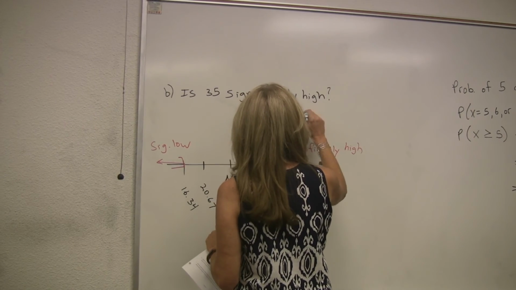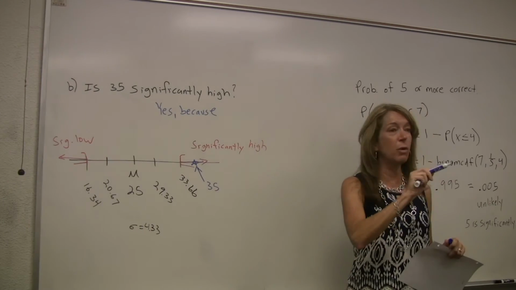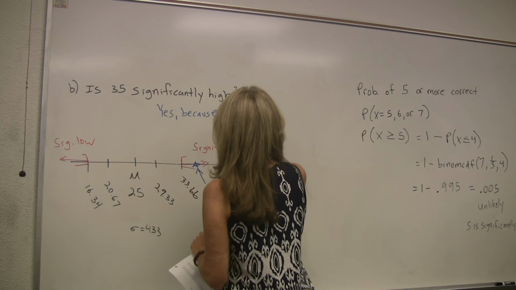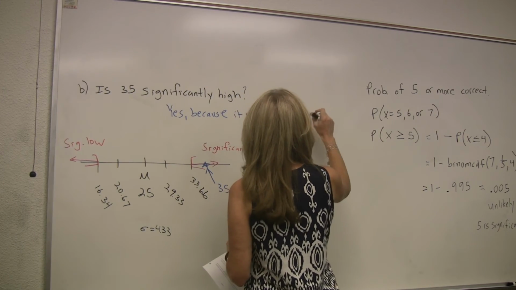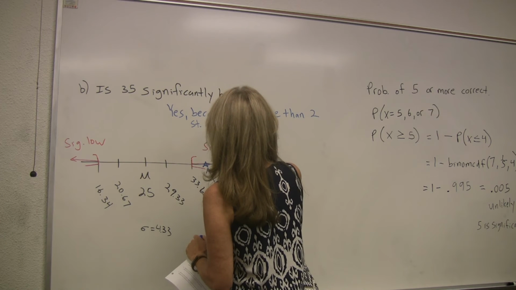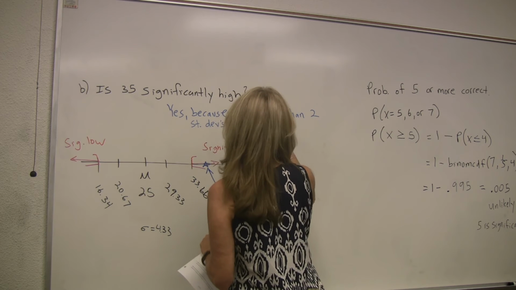It's more than 2 standard deviations away. Beautiful. It is more than 2 standard deviations away from the mean. This is the same thing we were doing back in chapter 3. It's going to keep coming up all semester long.